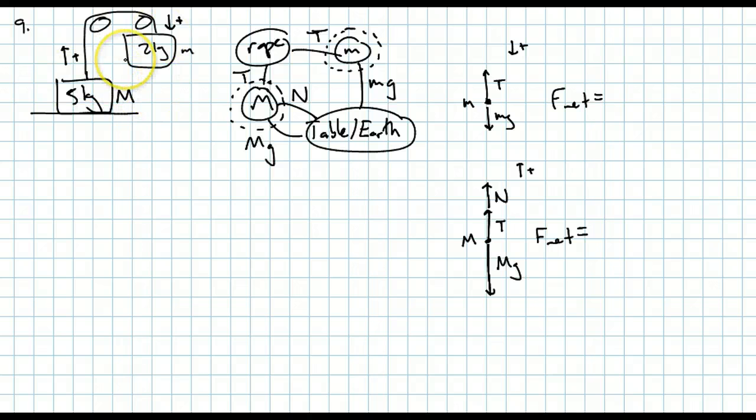We want both those to be either positive or negative, so I can either choose up for this one and down for that one, or down for this one and up for that one, but I don't want to choose up for both, because then one would have a positive acceleration, one would have a negative acceleration. That would sort of mess with our work later. In this particular case, because the acceleration is 0, it's not going to affect our result, but it's good to get into the habit now, because it'll come back and bite you later if you don't.